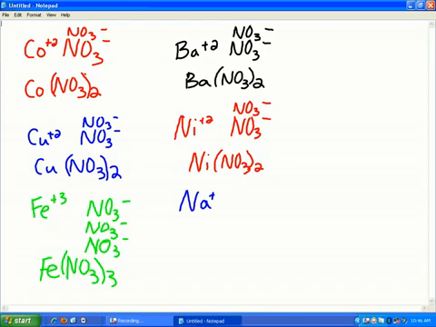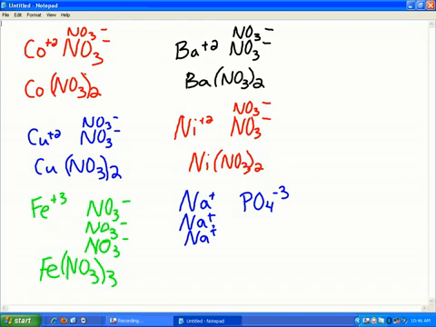So the first example was sodium phosphate. The phosphate ion, according to your ion list, is a negative 3 charge. So that means I'm going to need 3 of these sodiums altogether so that I have altogether a plus 3 charge. And that's going to cancel the 1 negative 3 phosphate.